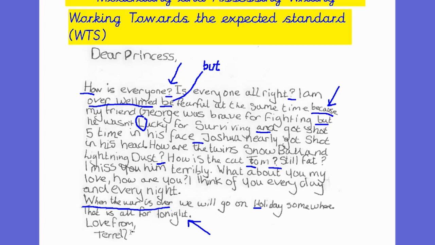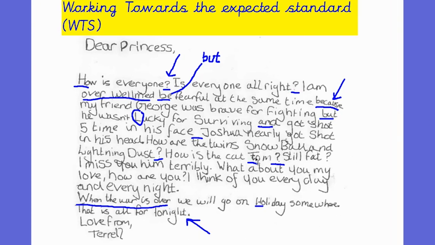Love from Terrell. So here you can see 2 examples of what would be working towards the expected standard. I like to say that these 2 pieces, from working in year 2 as well, which is another SATS year at the moment, look more like what would be an expected piece at the end of year 2, with the type of punctuation being used, the subordination, the coordination.